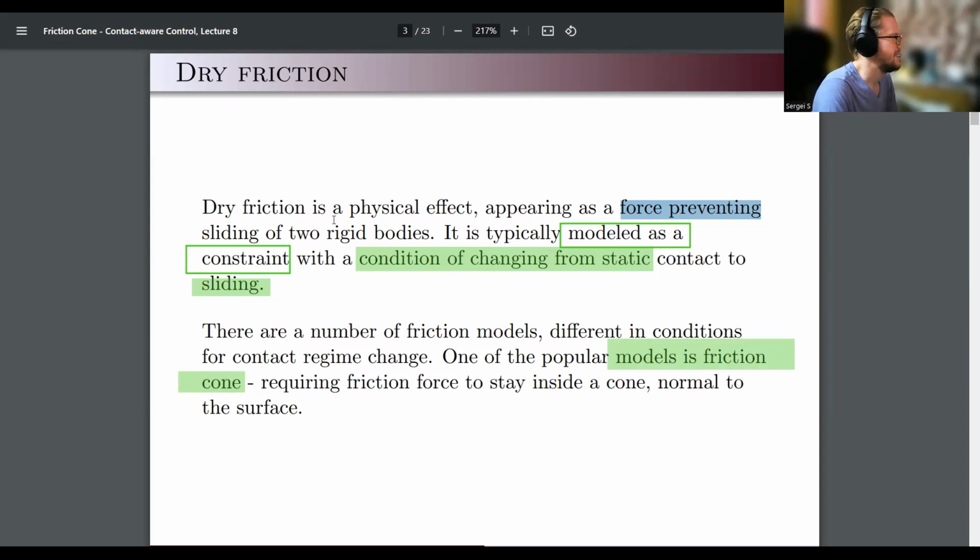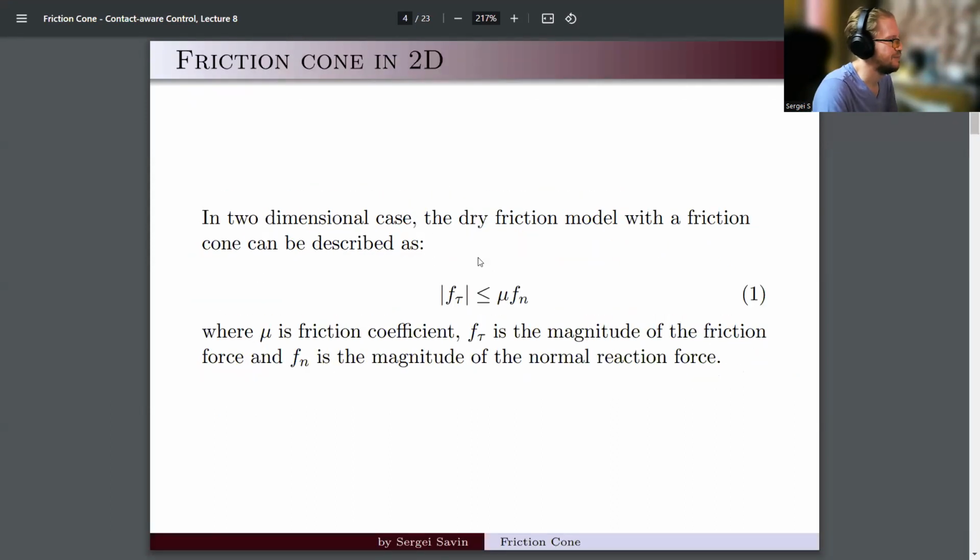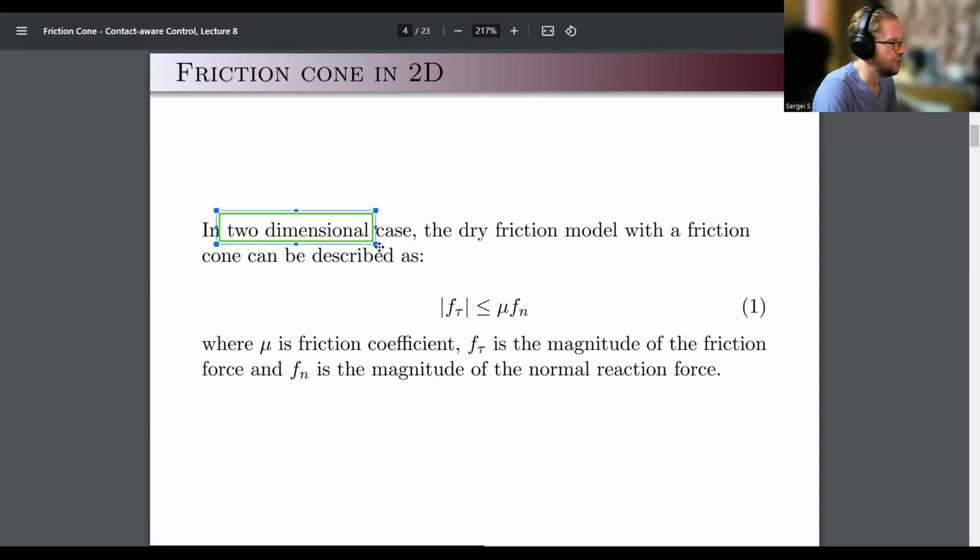Okay, let's see. First, we start with a two-dimensional example. In the two-dimensional case, dry friction can be described simply as this inequality, where the absolute value of the friction force is less than or equal to the normal reaction force times a friction coefficient.